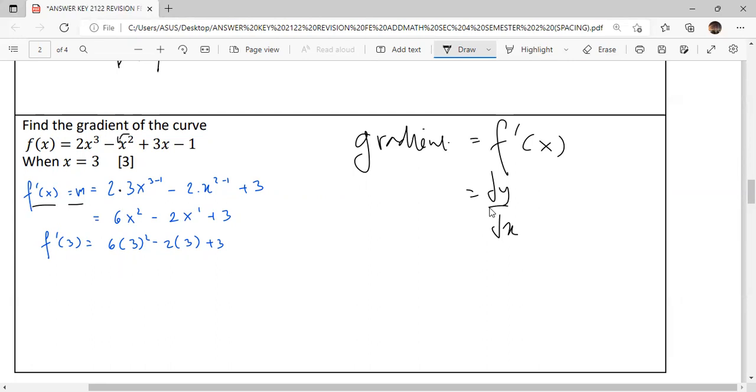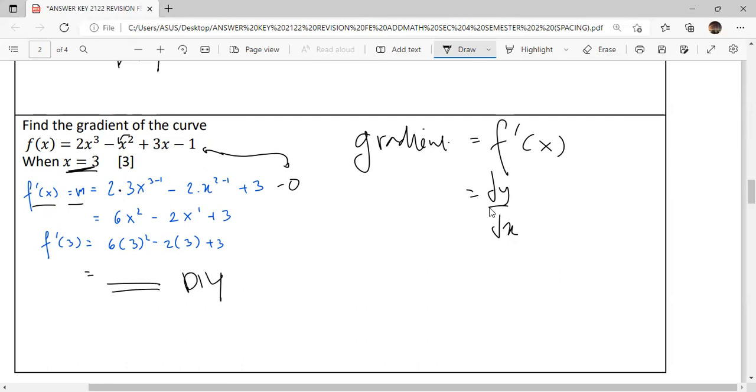We go down here, 2 times x to the power 2 minus 1 and then plus 3, 3 itself, and 1, 0, because 1 is a constant, derived to be 0. And I simplify this, and you get the gradient. When x equals 3, so you put f'(3). You do it by yourself.